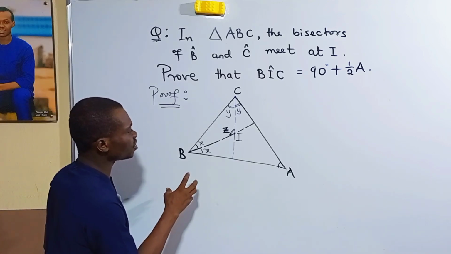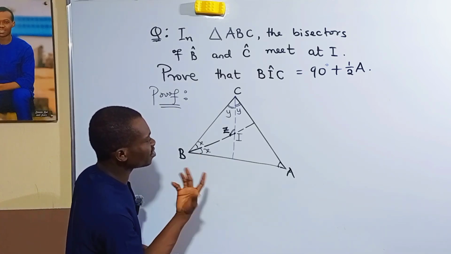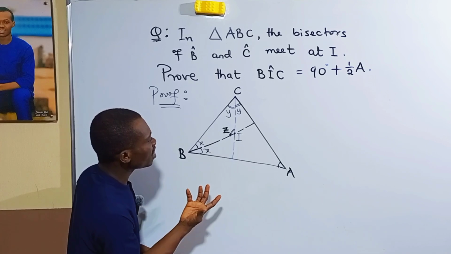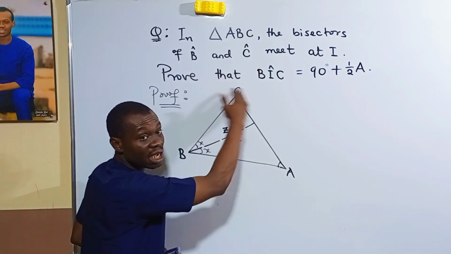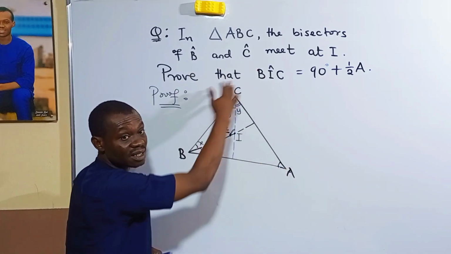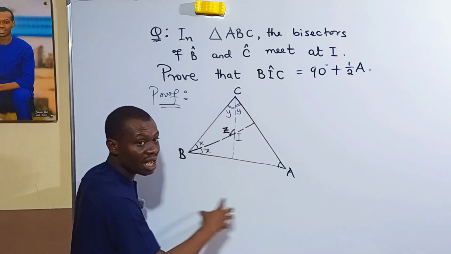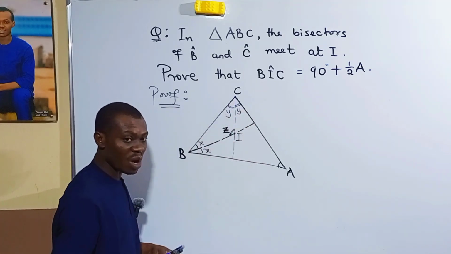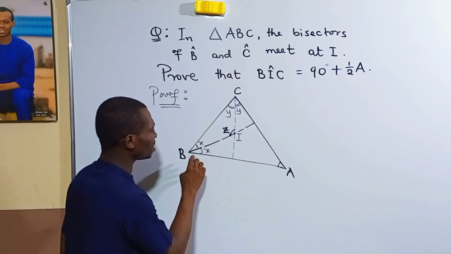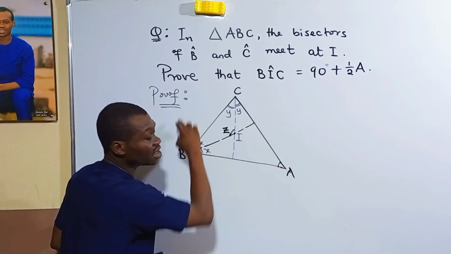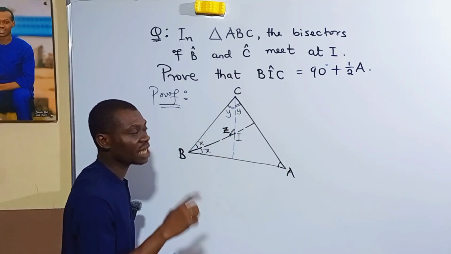First of all, I can see that I have a bigger triangle, which is triangle ABC. By the rule of angles, the sum of the angles in a triangle is 180 degrees. So if I sum all these angles in this bigger triangle, I should get 180.